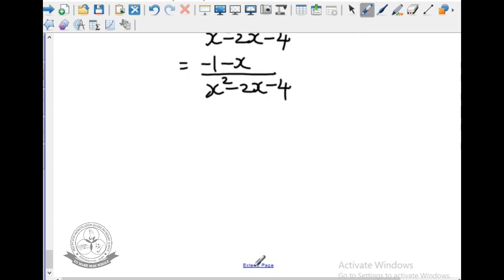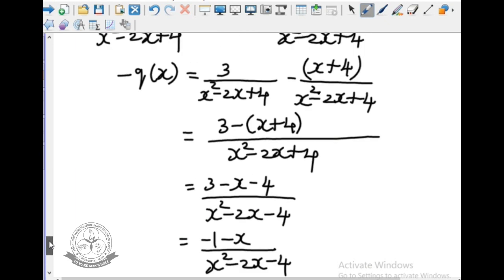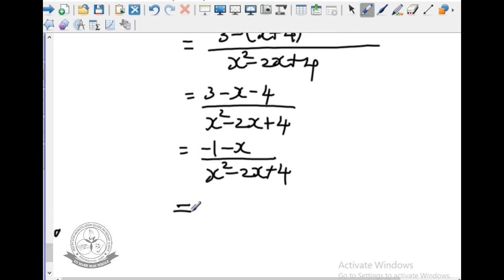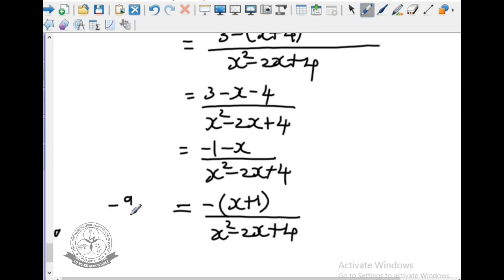Take the negative sign outside. That is equal to minus into x plus 1 divided by x squared minus 2x plus 4. This side you have minus q of x. So on both sides cancel the negative sign.